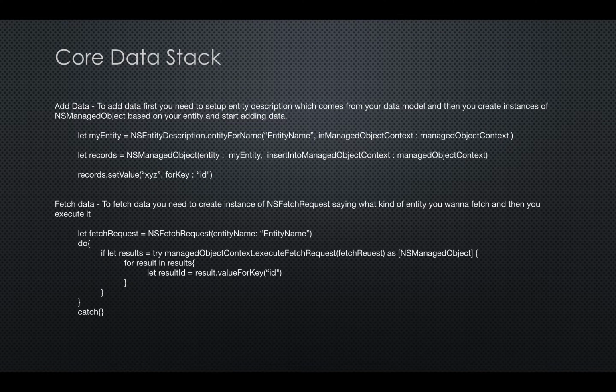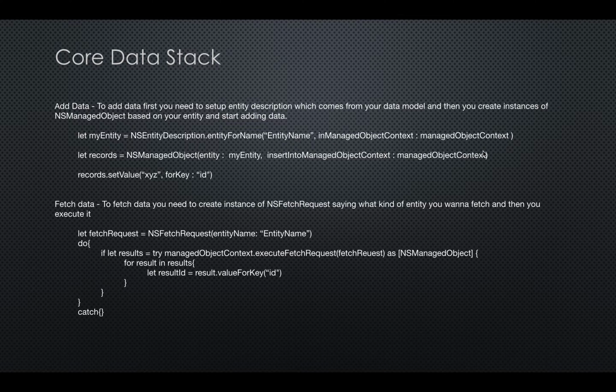And then with CoreData stack with NSManagedObjectContext, as you understand, MOC, with the help of MOC, how do you add and fetch data? It's very simple. You have to create an entity description. When you say entity, it means the table name.